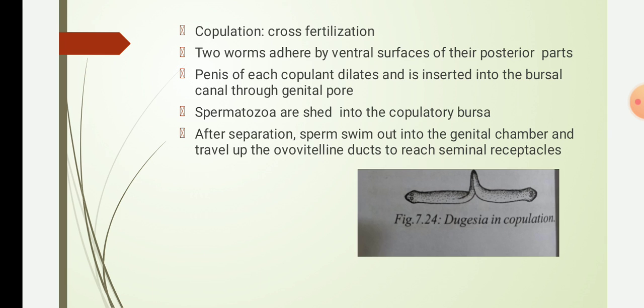After this mutual insemination, the copulants separate. After the separation, the sperm swim out of the copulatory bursa into the genital chamber, and then they travel up in the ovovitelline ducts.